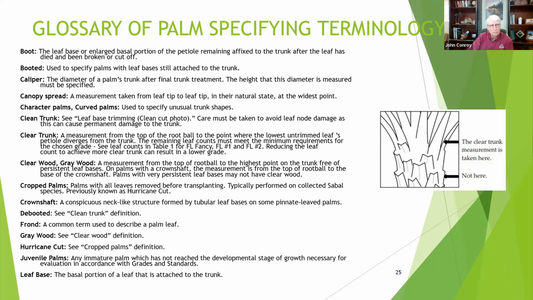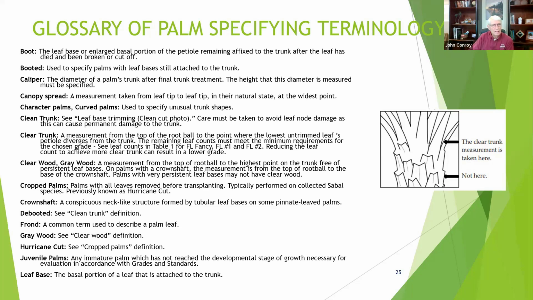The cropped palms, which have had most all of the leaf removed, the petiole remains, and that's what we used to call hurricane cut, but now we're applying a new term for the concept, because a hurricane cut was really something that people used to try to do to reduce the sail of trees or palms during weather events, and so they became known as hurricane cuts.